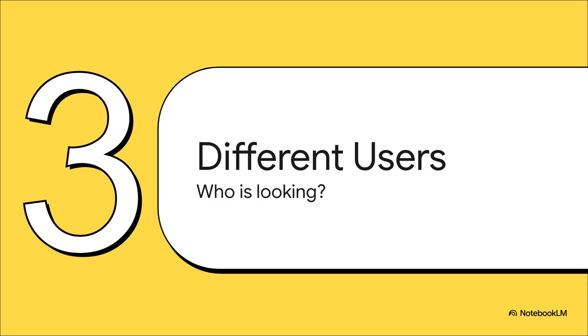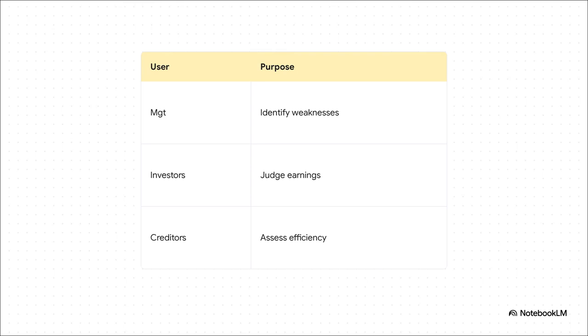All right, Section 3, different users, different goals. Who is looking? Because context isn't just about the numbers we compare against, it's also about the human element. Look at it this way. Depending on who is actually asking the question, the standard changes entirely. Management uses ratio analysis internally to figure out the financial health of the firm, spot weaknesses, and formulate plans.